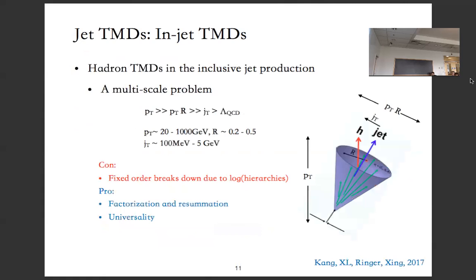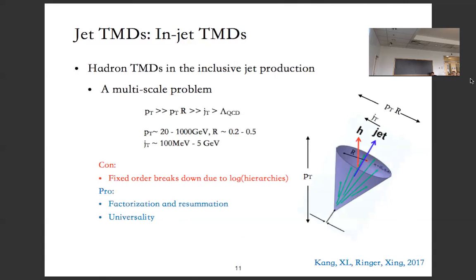So let's start from what we want to do. Basically, given an inclusive jet, we look inside the jet, try to identify the hadron and measure its j_T with respect to the jet axis. Of course, it's a multi-scale problem, in the sense that pT is much larger than pT times R, which is much larger than the transverse momentum of the hadron, which is larger than Lambda QCD.